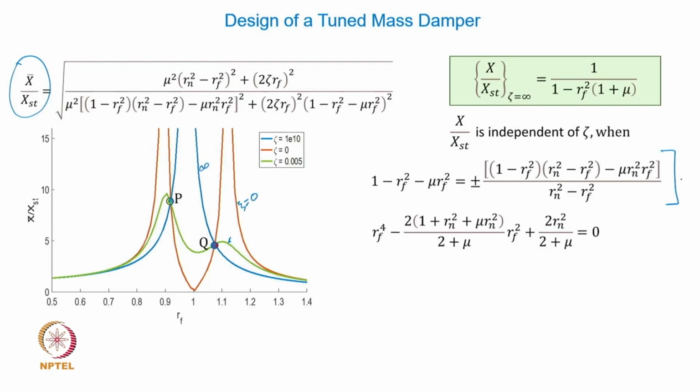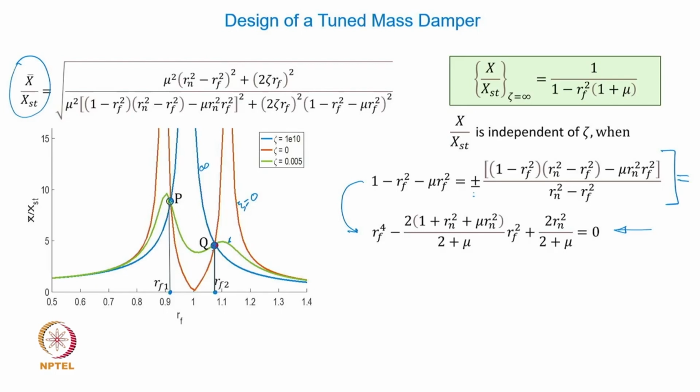So if this is satisfied, it is actually referring to the location of P and Q on the RF x-axis. If I simplify this or use an appropriate sign on the right hand side, I get this quadratic, which will give me two possible RF values. So RF1 for P and RF2 for Q. So I will get the precise location where P and Q on the x-axis are located, right?